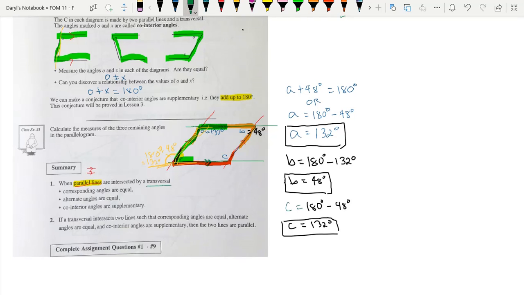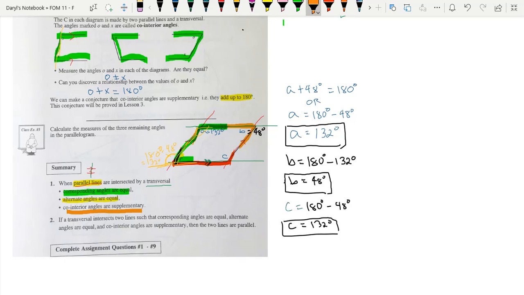A transversal line is just a line that intersects your parallel lines. So these are the things that you can have. The corresponding angles are equal. Secondly, alternate angles are also equal. And lastly, the C pattern, co-interior angles are supplementary.